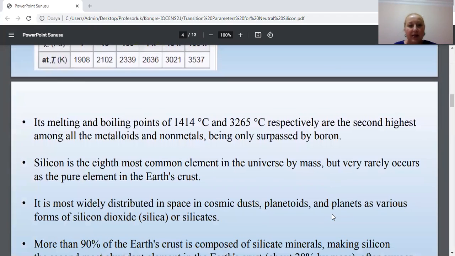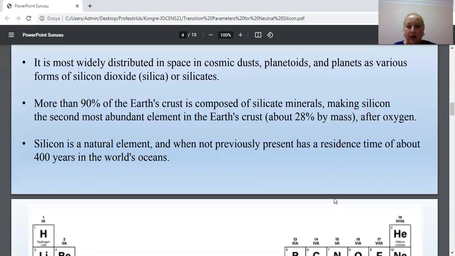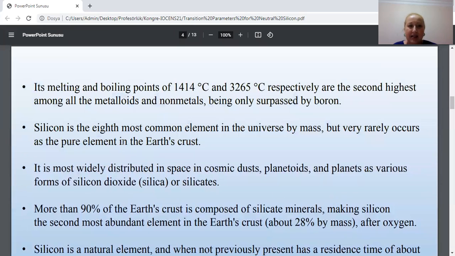Here you can see other physical properties, melting and boiling points, and other details. Silicon is the eighth most common element in the universe by mass, but it very rarely occurs as the pure element in the Earth's crust.